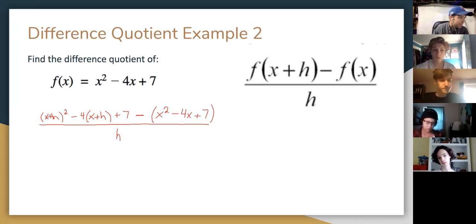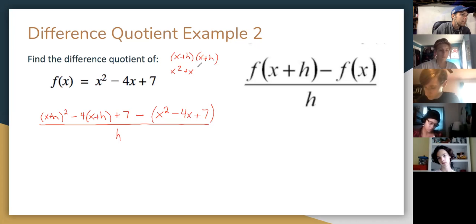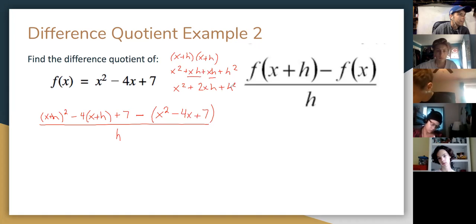So when I multiply this one out, you could do it on the side if you want to. You could figure out x plus h times x plus h. That's x squared plus xh plus xh plus h squared. And then combining those two, we get 2xh plus h squared.